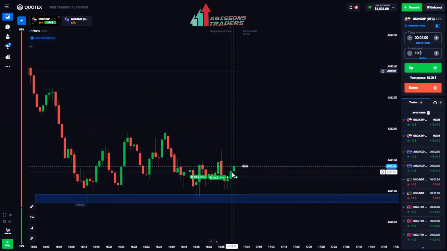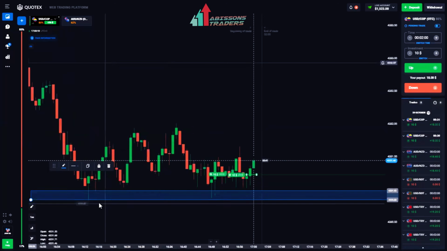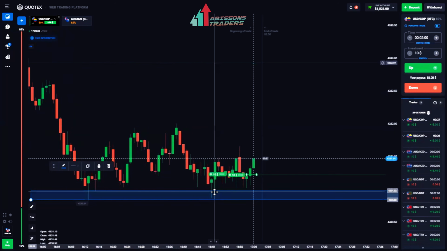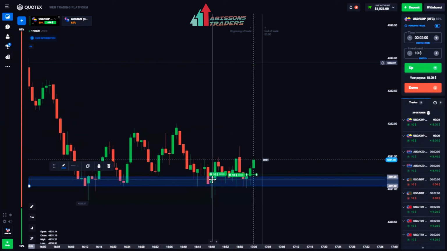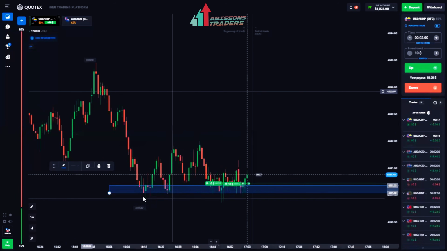But this one is the zone now. This is the main zone, because you can see this is the wick, the lower wick here. So you make sure you cover the wick that is outside the zone. You don't do a zone like this. Okay, you don't leave wicks outside like this.